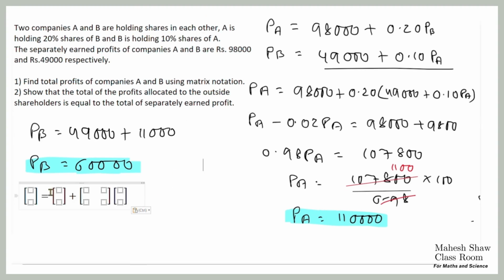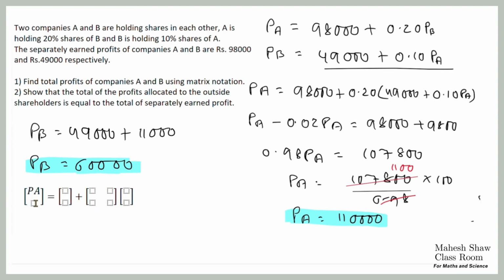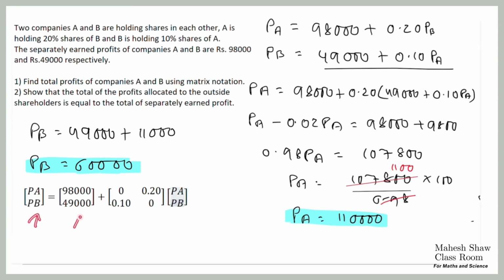Now next I'm going to use matrix notation. So we can write this as, I represented this using a row matrix, this being a row matrix, this is a square matrix and this is also a row matrix.